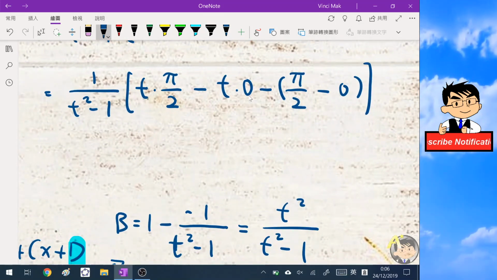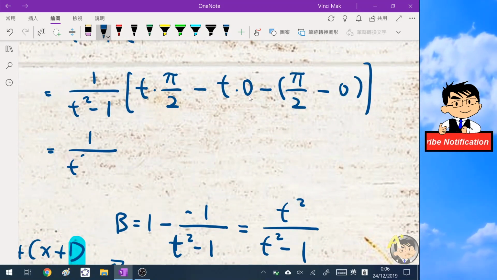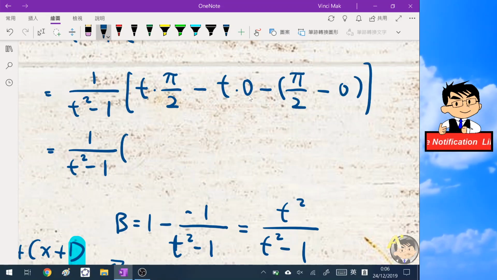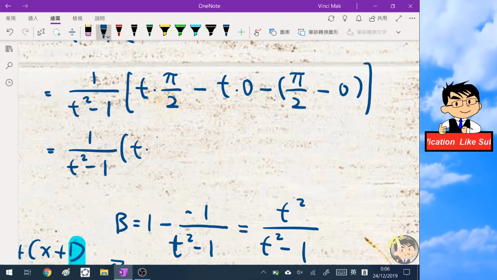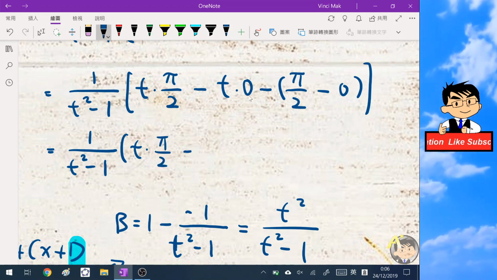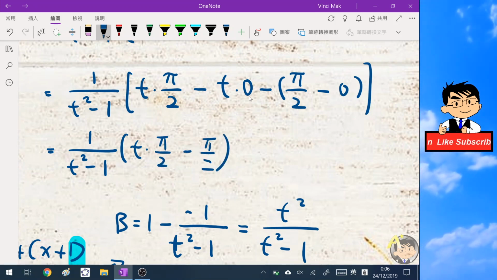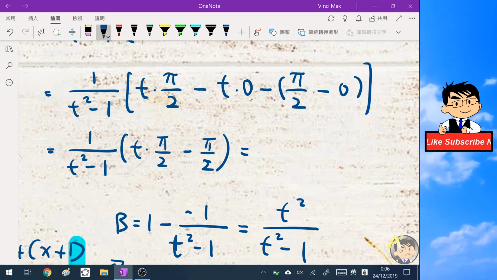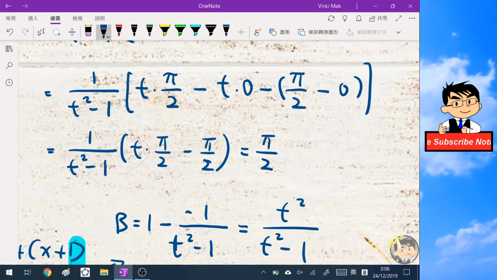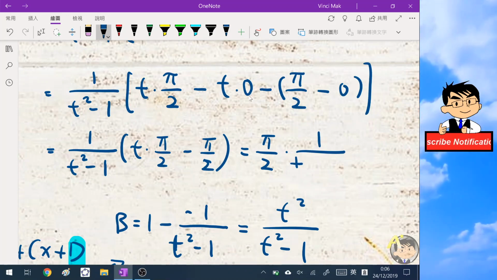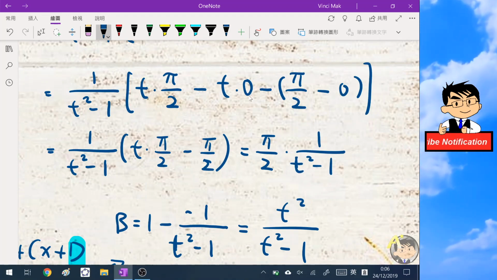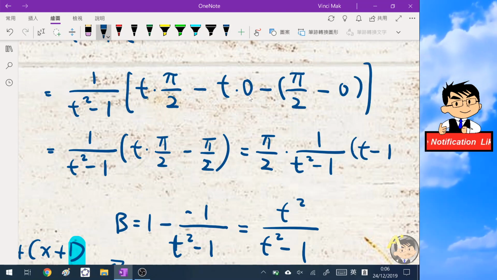So now we will have 1 over t squared minus 1, and then inside the bracket we have t times pi over 2 minus pi over 2. So now I will factorize the pi over 2 outside, and then it is multiplied by 1 over t squared minus 1 and then t minus 1.